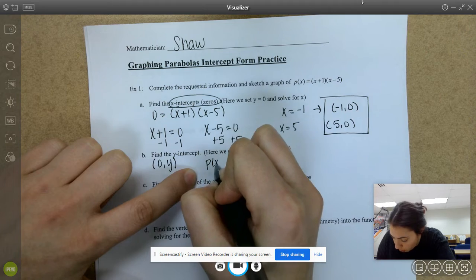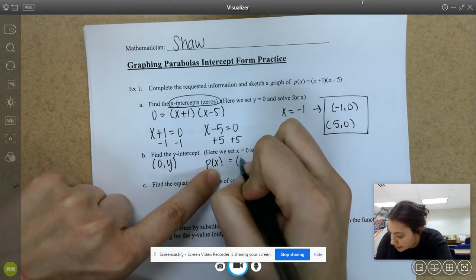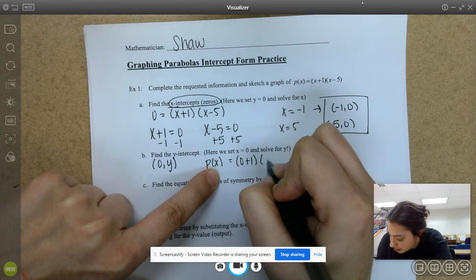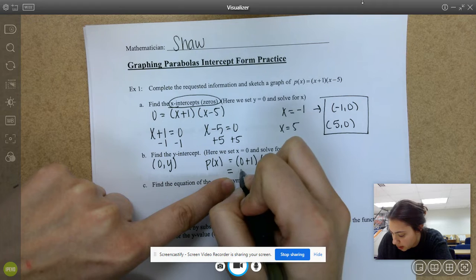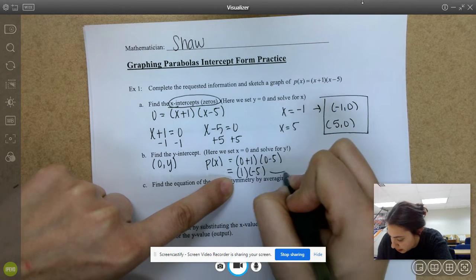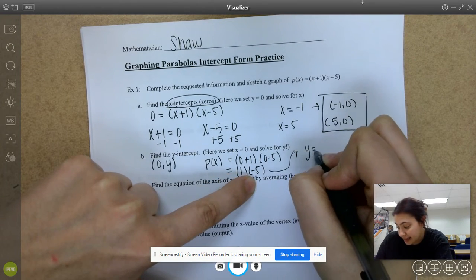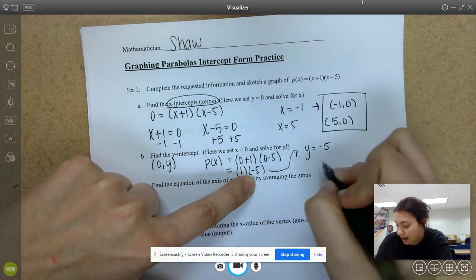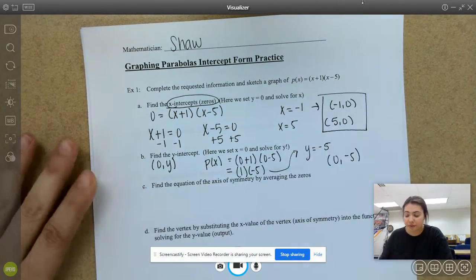We don't know what y is, so we substitute 0 in for x. 0 plus 1 is 1, 0 minus 5 is negative 5, and 1 times negative 5 is negative 5. So y is negative 5, and our y-intercept is 0, negative 5.